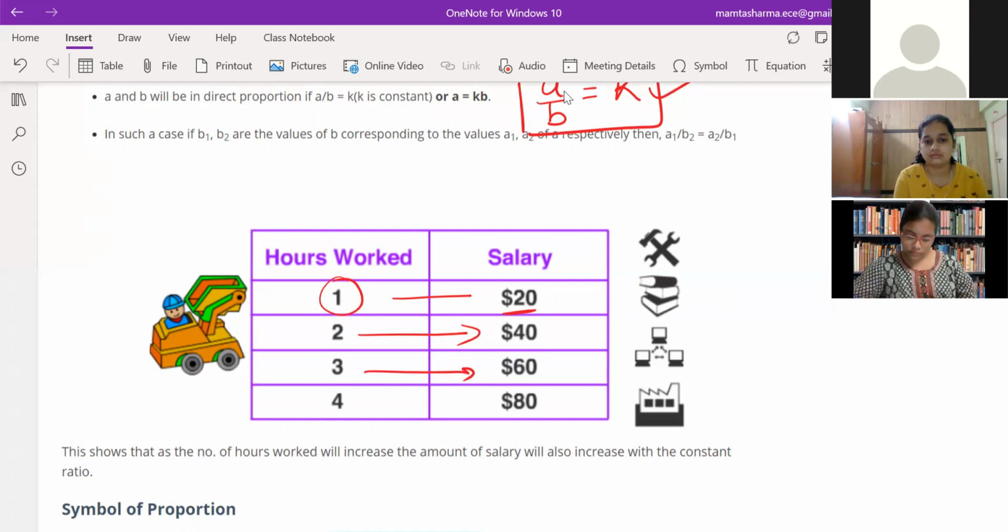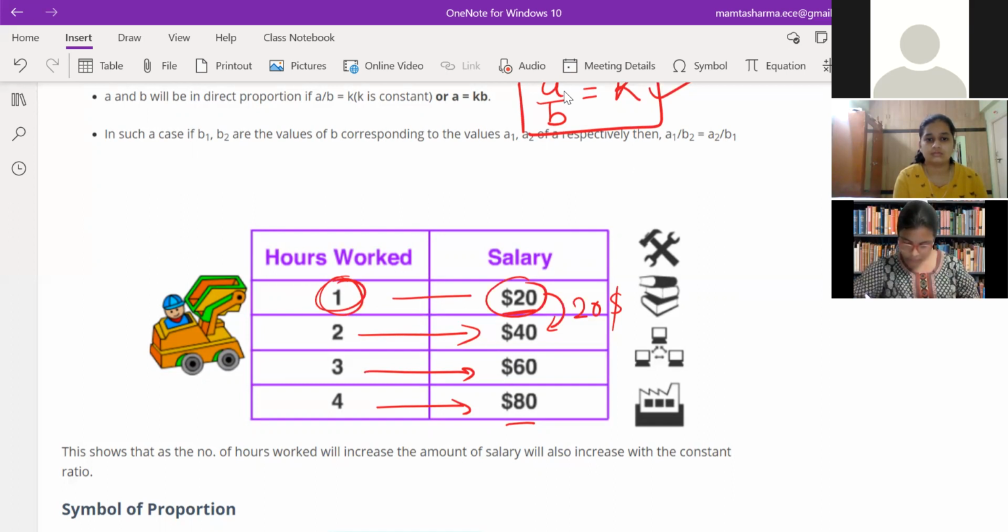If he works for 4 hours, he will get $80. Now can you see that for every hour there is an increment of $20? When you take the ratio of salary to hour, it will remain constant in each and every hour.